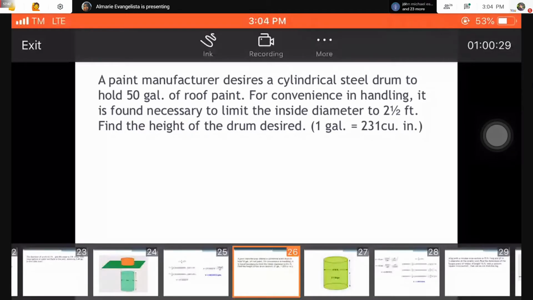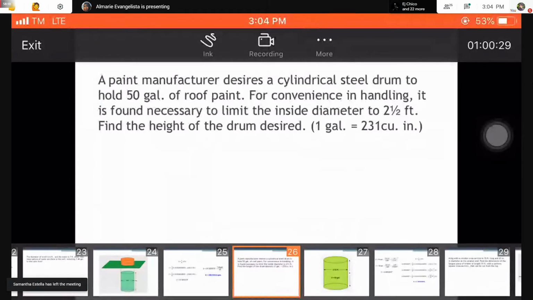Yung gallon, kinonvert niya muna sa cubic inch bago sa feet. So, 50 gallons times 231 cubic inches over 1 gallon times 1 foot over 12 inches cubed. Ang sagot natin, 50 gallons is equal to 6.68 cubic feet.